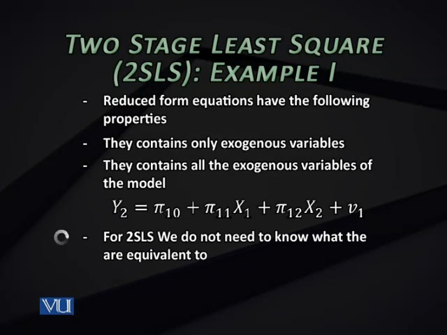So remember again that we don't need to know what this pi 1 0, pi 1 1 and pi 1 2 are in terms of the alphas and betas. You don't need the expressions. Similarly, you don't need the expressions of how we may express alphas or betas in two ways or more.